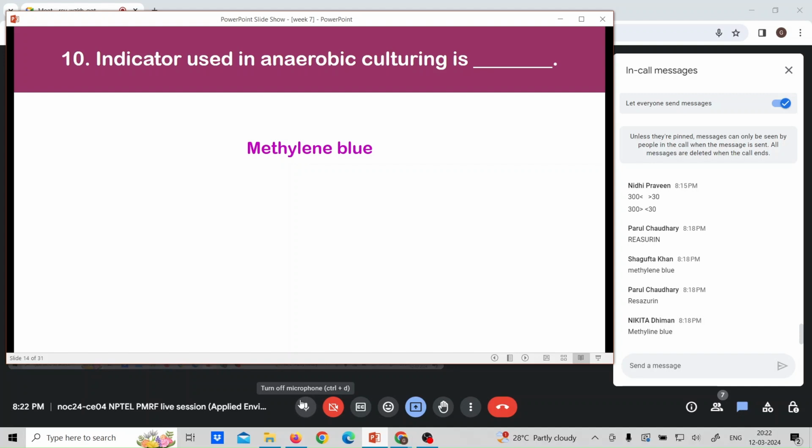When you're going to extensively work with anaerobic cultures, you will obviously get to know about resazurin and many more methods. You have separate anaerobic chambers which exclusively have an anaerobic environment in them. You can work in that also. So there are many ways of culturing it. Two things can be resazurin as well as methylene blue.